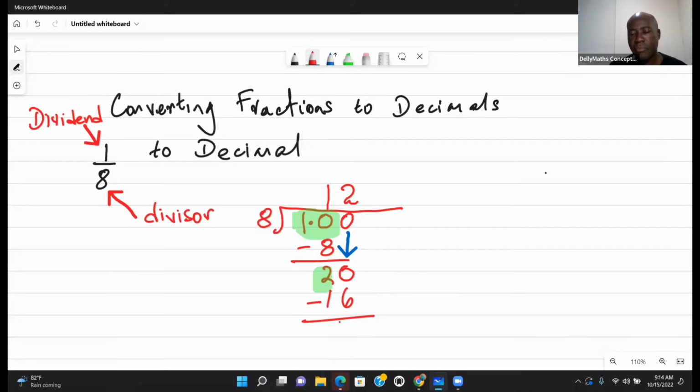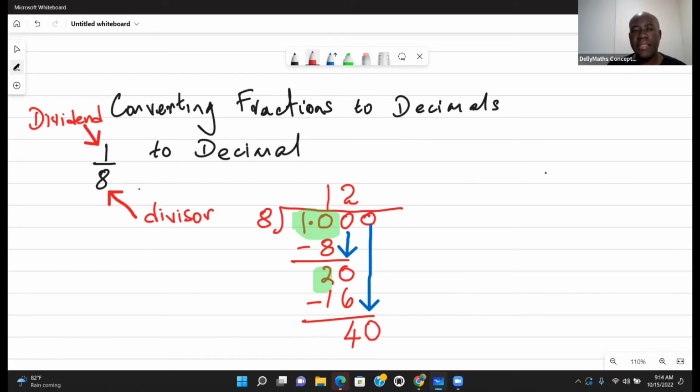You subtract. Still don't get a 0 because this is a 4. That is still not a 0, and you cannot stop until you get a 0. So we're going to have to add another 0 at the end and bring it down. And when you bring it down, you get 40.